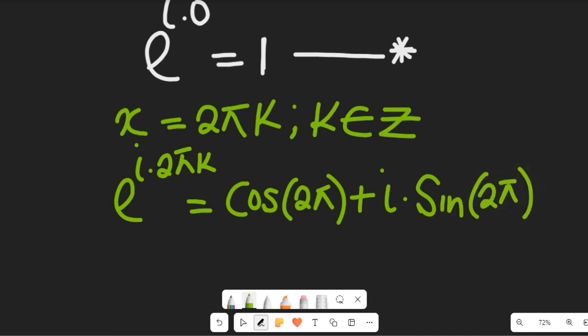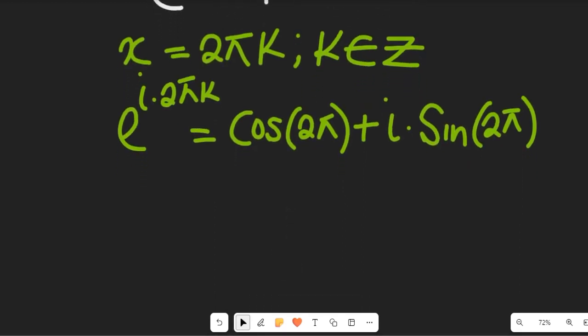Since k is an integer, this is the radian for which we are going to find the cos and the sine.